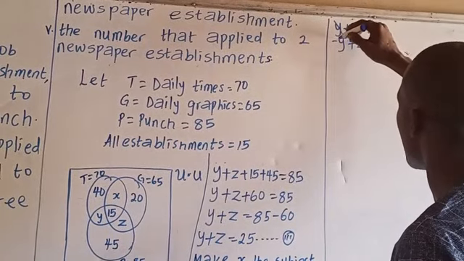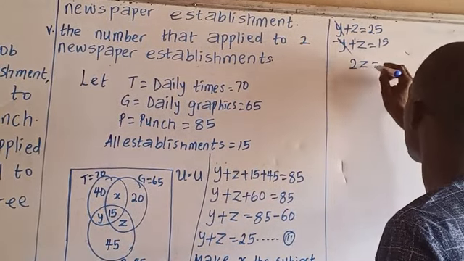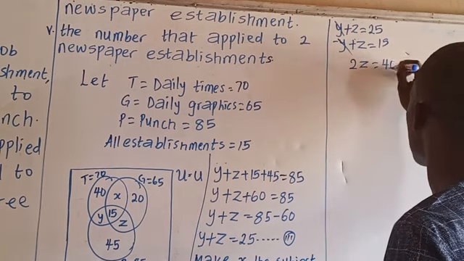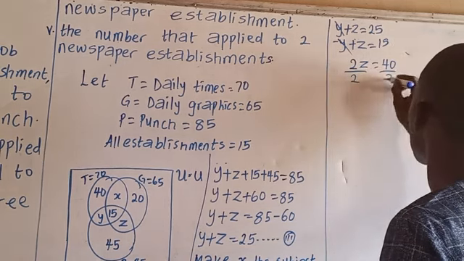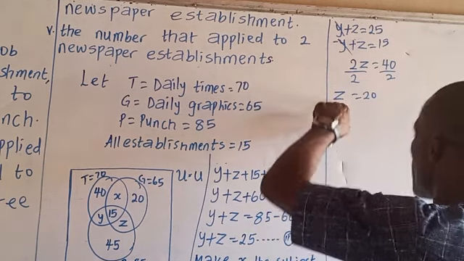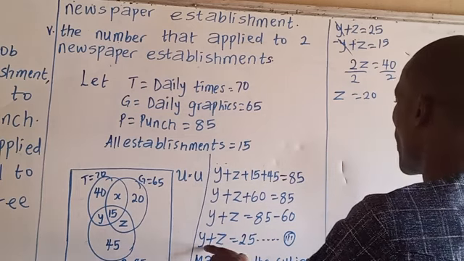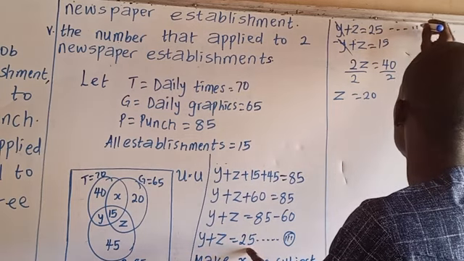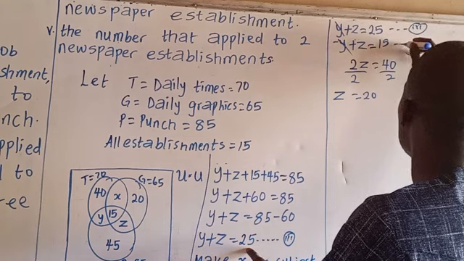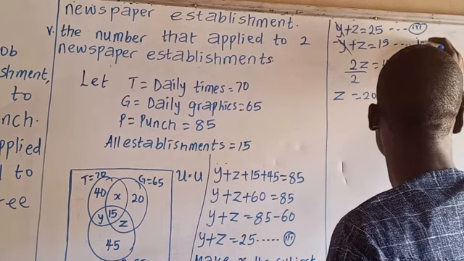Adding, y minus y cancels, and I'm having 2z equals 25 plus 15, which is 40. So divide both sides by 2, and my z equals 20. This one is equation 3, and minus y plus z is equation 5.